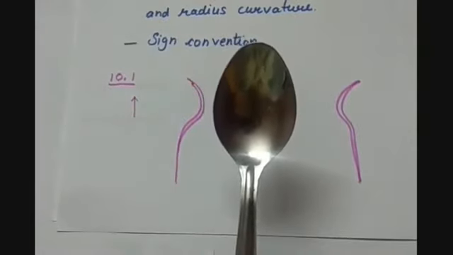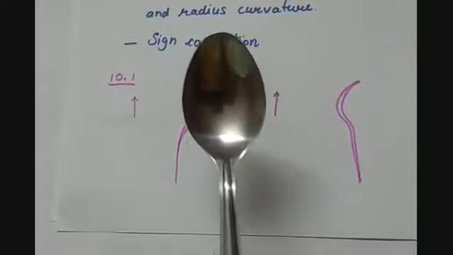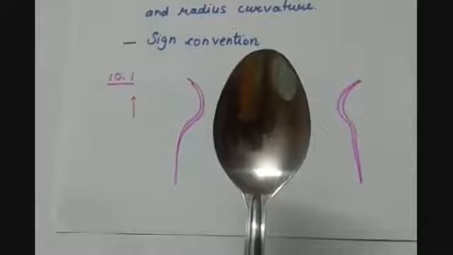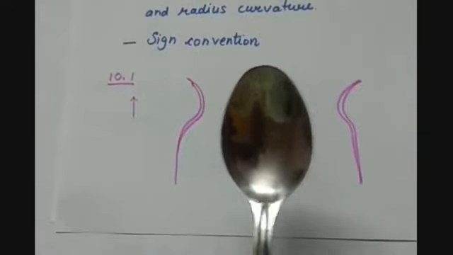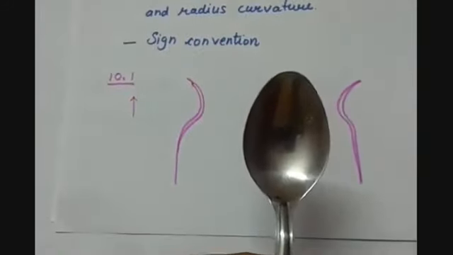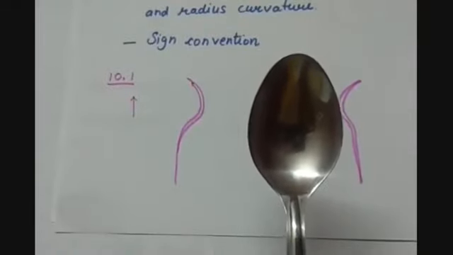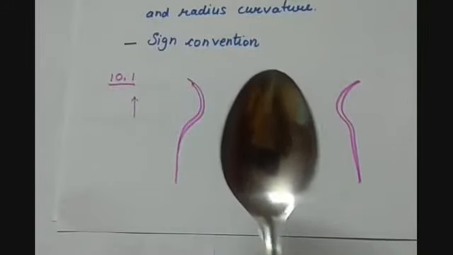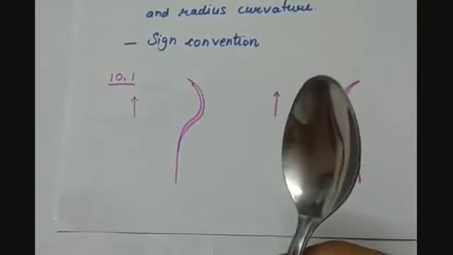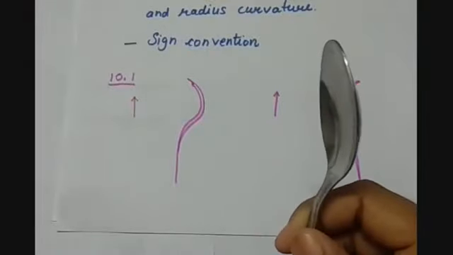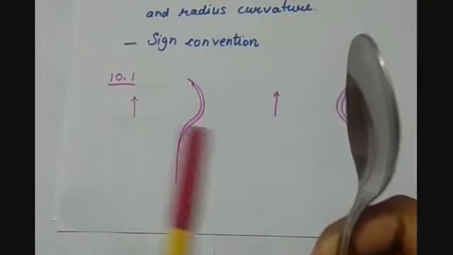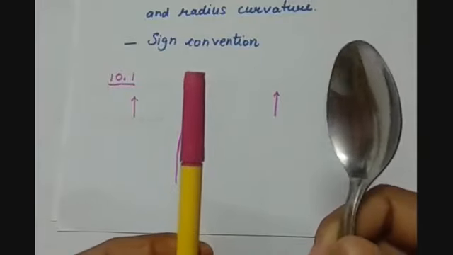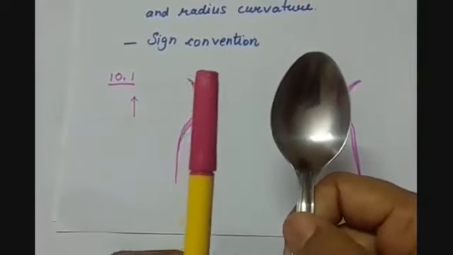I want to show you that this shiny surface of a spoon behaves as a curved mirror. So while performing the activity, what we have to do? We have to check the object which is in front of the spoon. So here we have a spoon and this pen of mine is the object now, and this is the shiny surface.